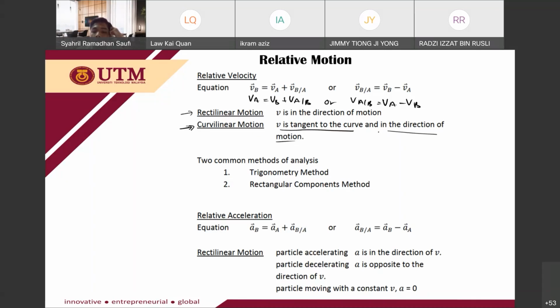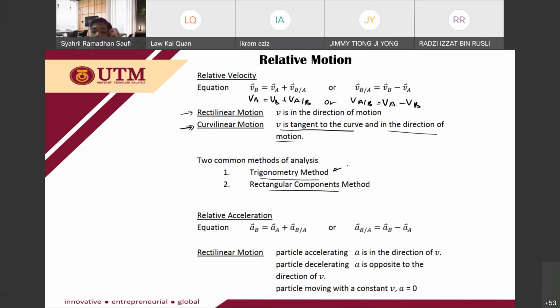So if you deal with vectors, you have two common methods of analysis, which are trigonometry or the rectangular component method. For trigonometry, you need to draw the vectors in the form of a triangle, and then you use the trigonometry method.